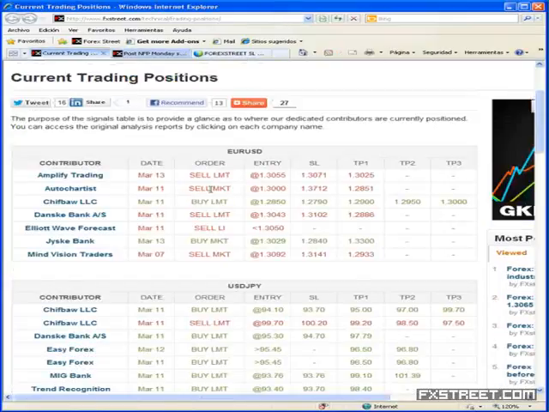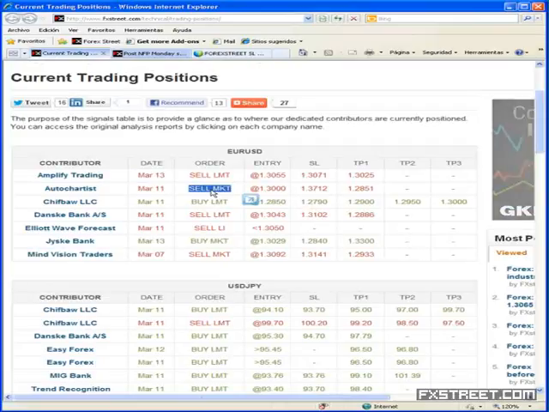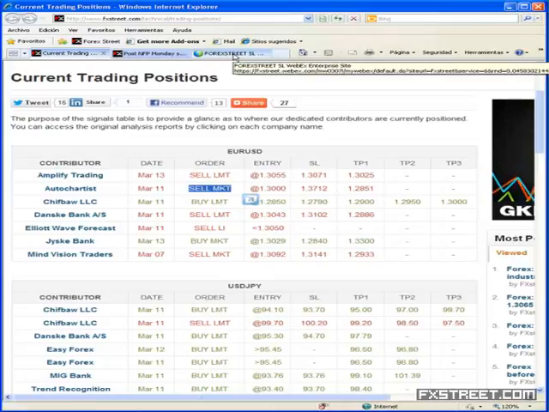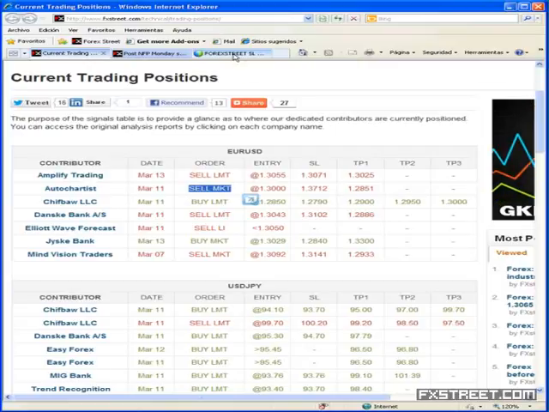If you see there is a market order being announced, you may be advised that the market may have already moved to such an extent that that position is no longer an opportunity. But if limit orders or stop orders are being used, perhaps you are still in time to act on that trade idea.